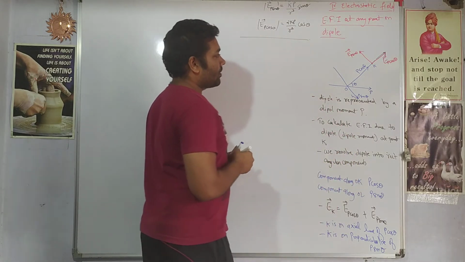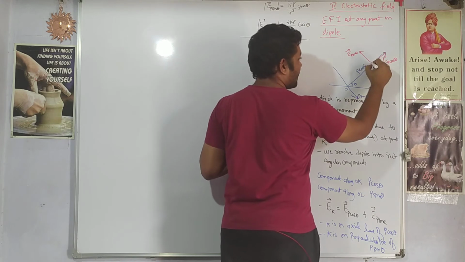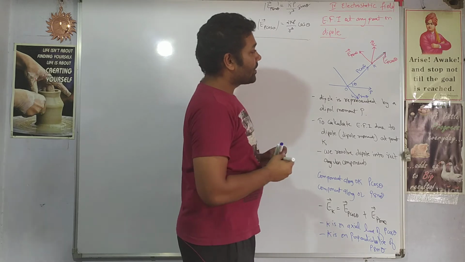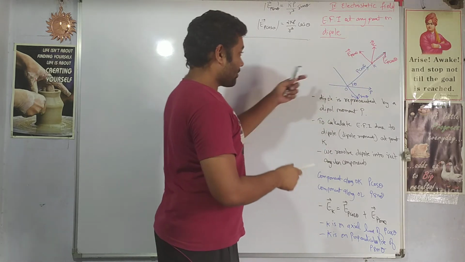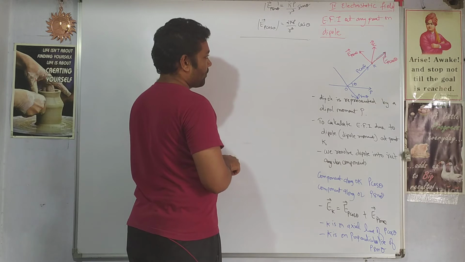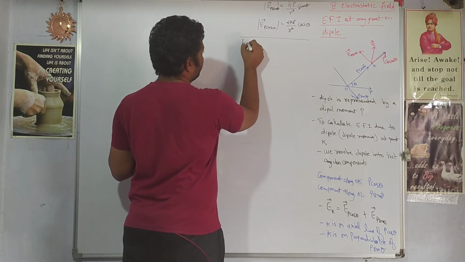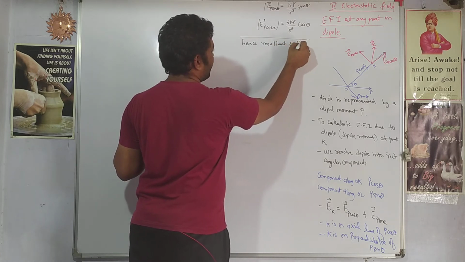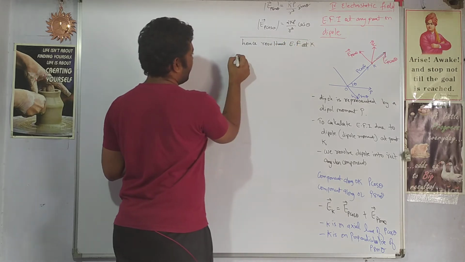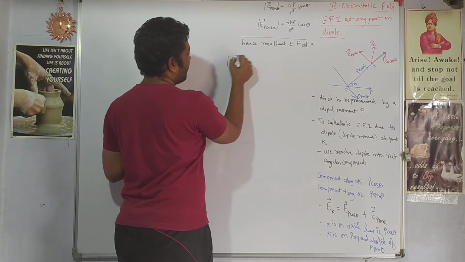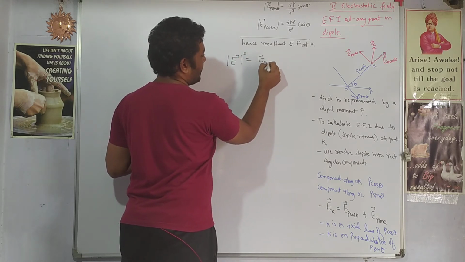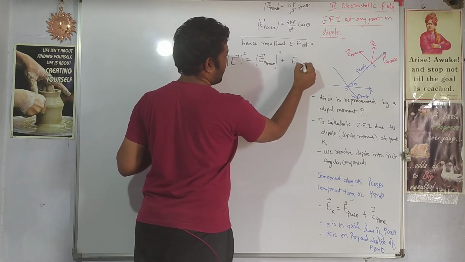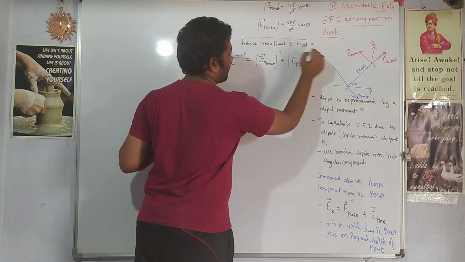Now, next. From this geometry, we conclude that the resultant is in this direction. So if we find the resultant, the resultant electric field at K will be given by the electric field due to P sin theta squared plus the electric field due to the cos component squared.